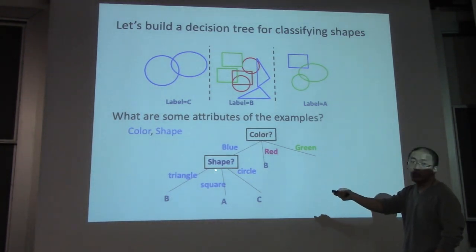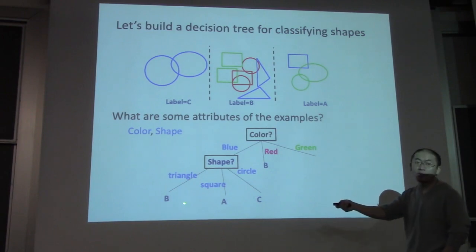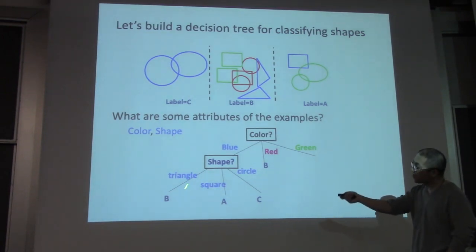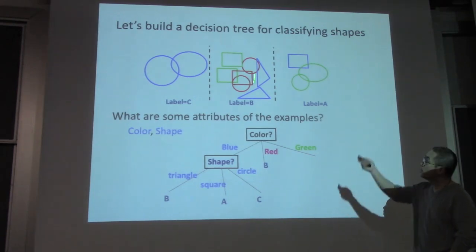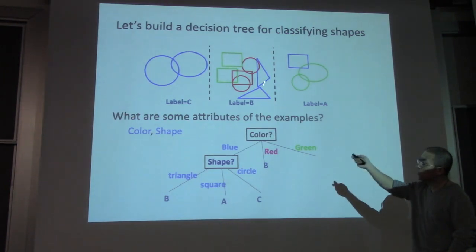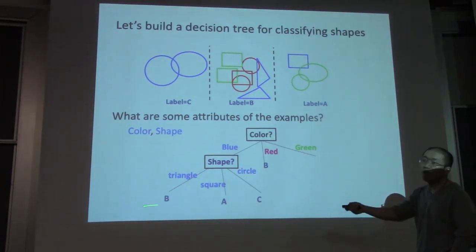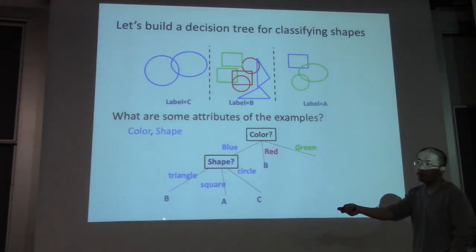And now we further partition this data subset according to the shape. For the triangle shape, we have blue triangles, which are here. The labels for blue triangles are all B. So we stop, enter a leaf node, and report the label B.